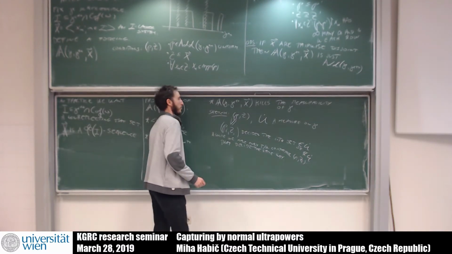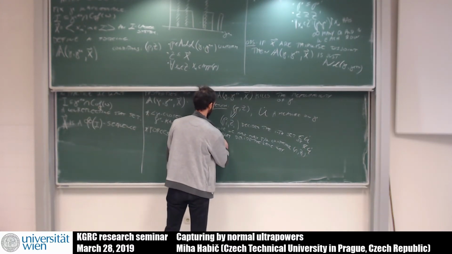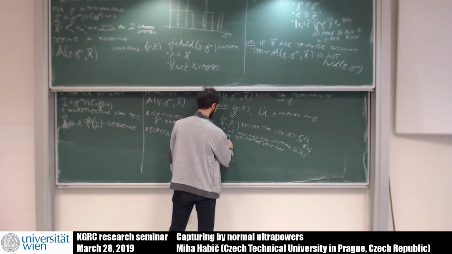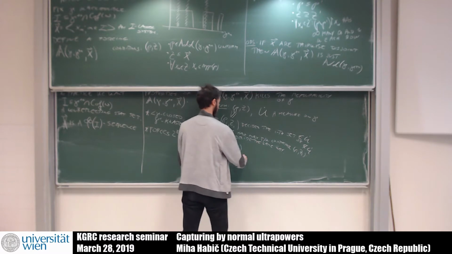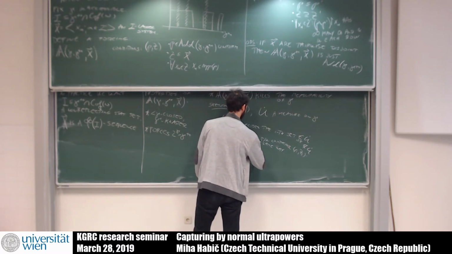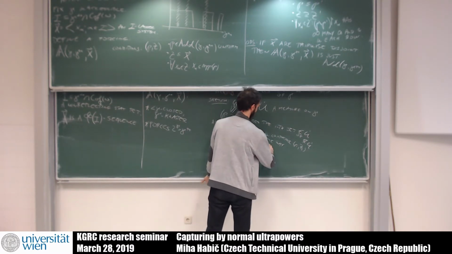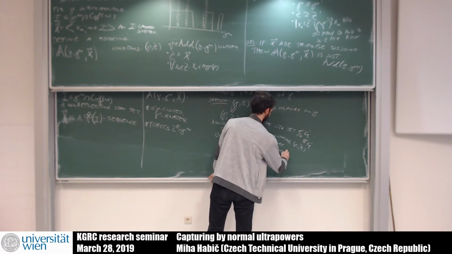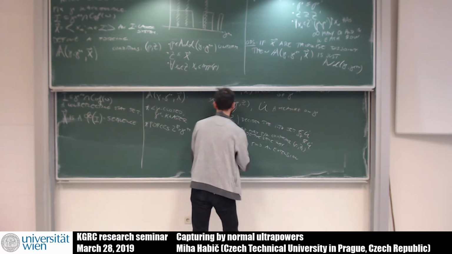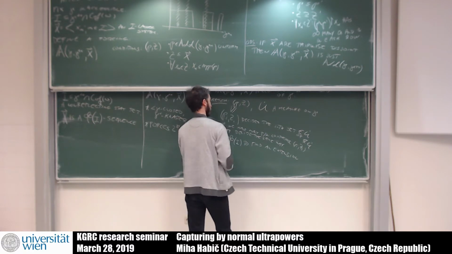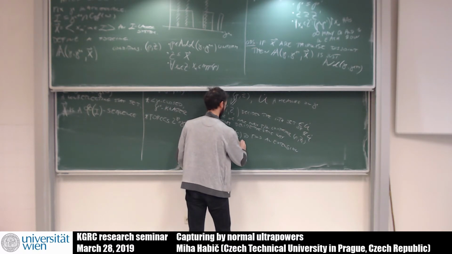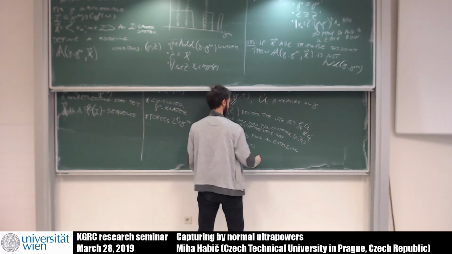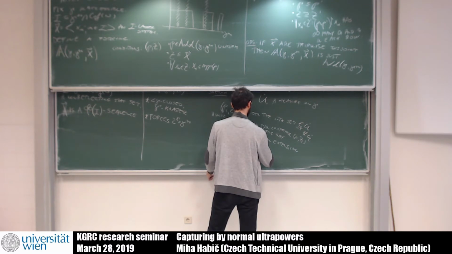Okay, so we use this to find an extension that prevents countably many sets.